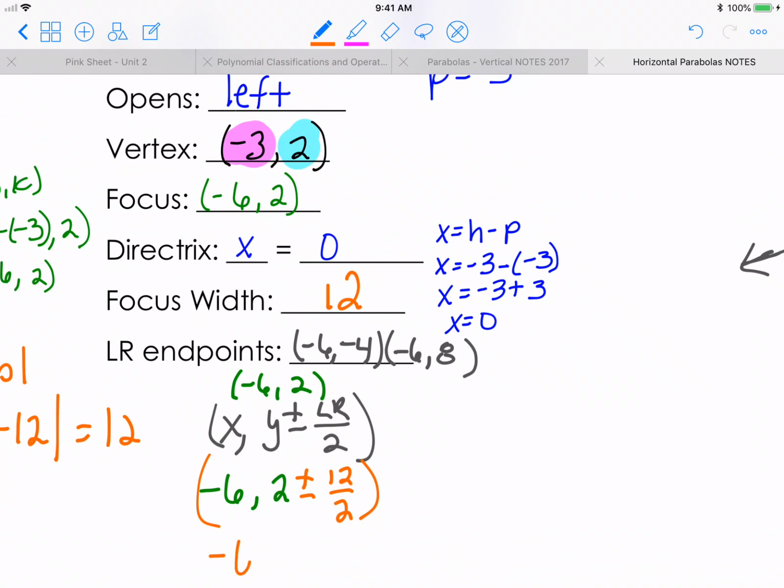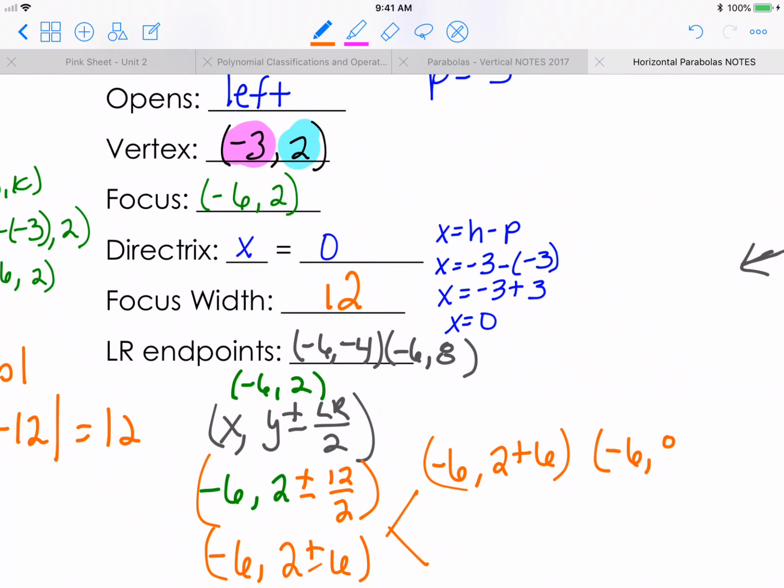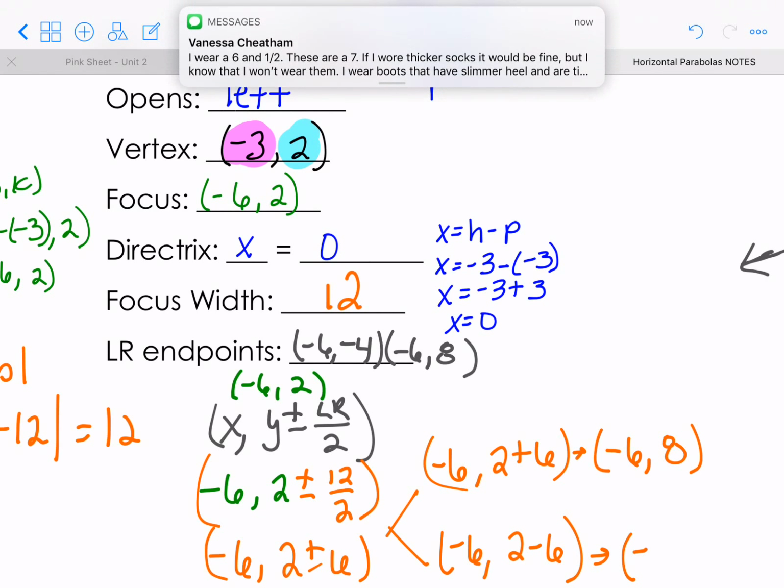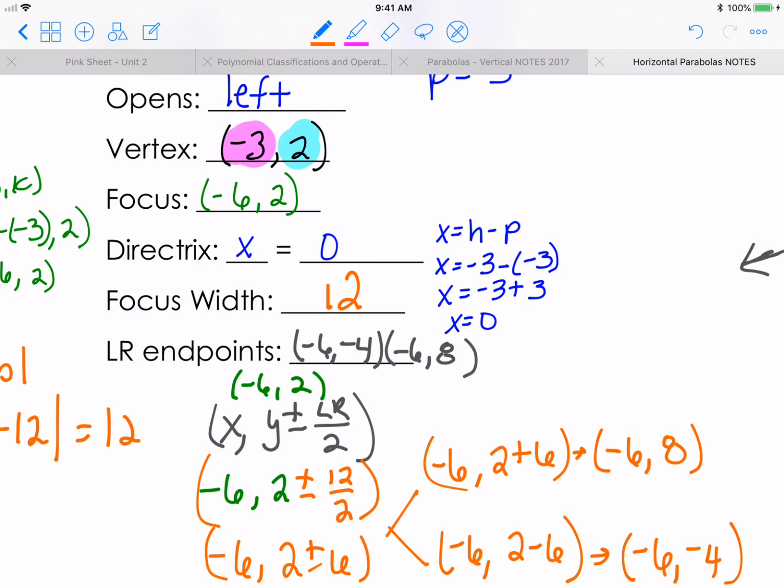So we get -6, 2 plus or minus 6. -6, 2 plus 6, which is going to give us 8. And then -6, 2 minus 6, which is going to give us a -4.